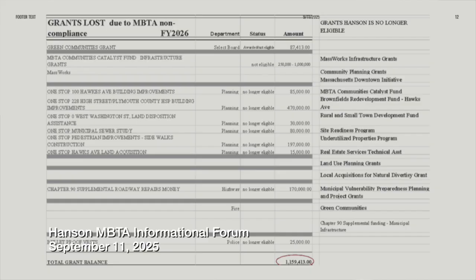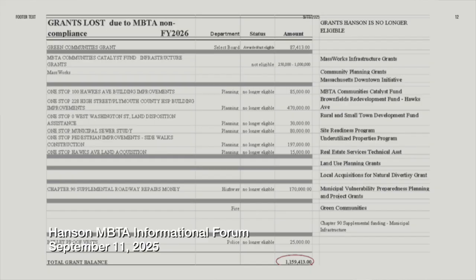On the last page, this is going to show grant loss for us. So the state currently has an MBTA Communities Catalyst Fund, which supports infrastructure grants for communities that are MBTA compliant. It ranges anywhere from $250,000 to $1 million.